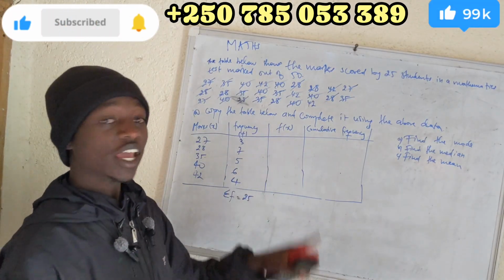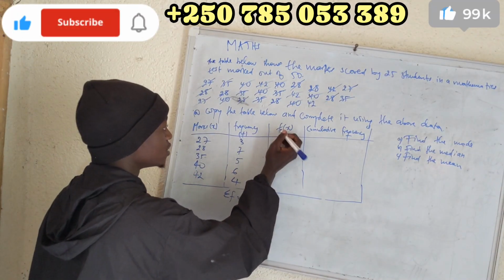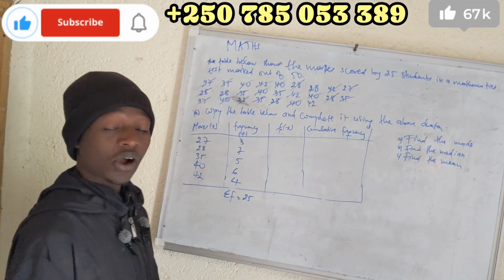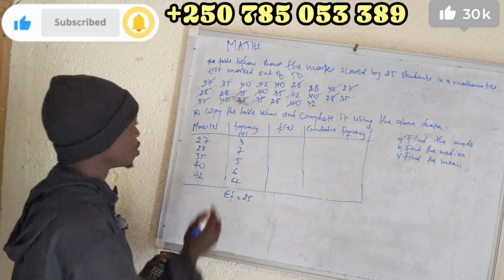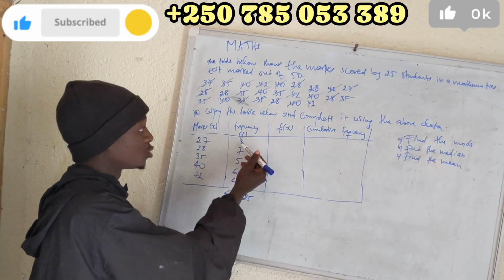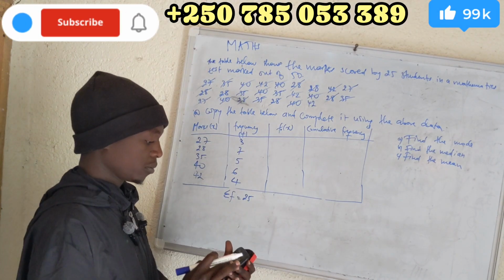What about f times x? This x stands for marks. What we are going to do here is take 27 and multiply it by 3.